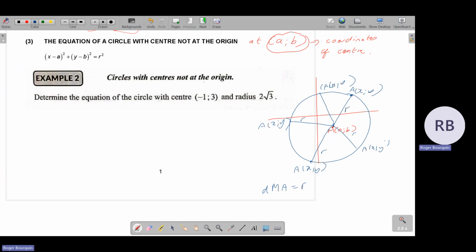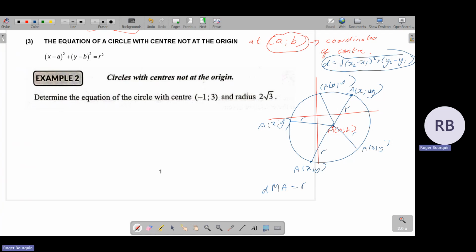The distance formula says, go to your formula sheet. It says distance is equal to what? The square root of x2 minus x1 squared plus y2 minus y1 squared. Okay, are you happy that that's the distance formula?